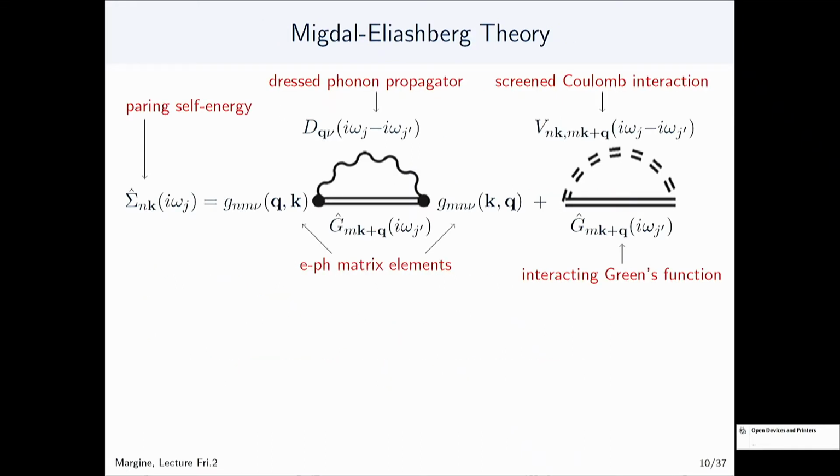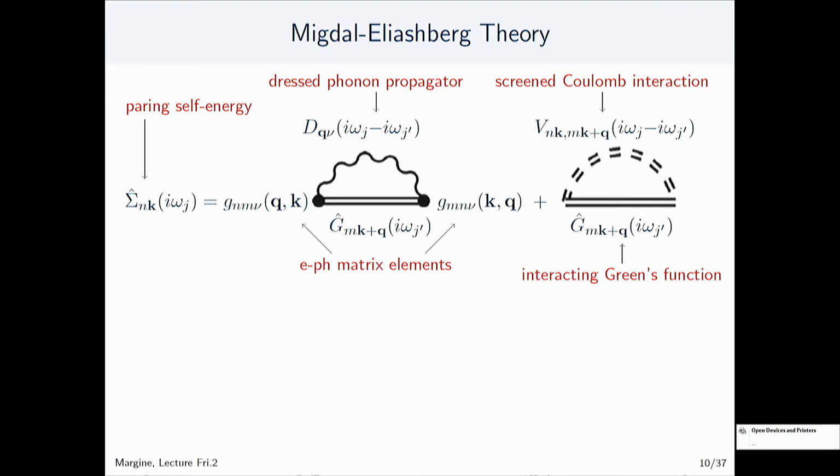Now, we can move on and finally start talking about the Migdal-Eliashberg theory. This theory was developed in 1960 by Eliashberg, who basically generalized the BCS theory of superconductivity by introducing the time-dependent electron-phonon interaction that was developed by Migdal for the normal state.